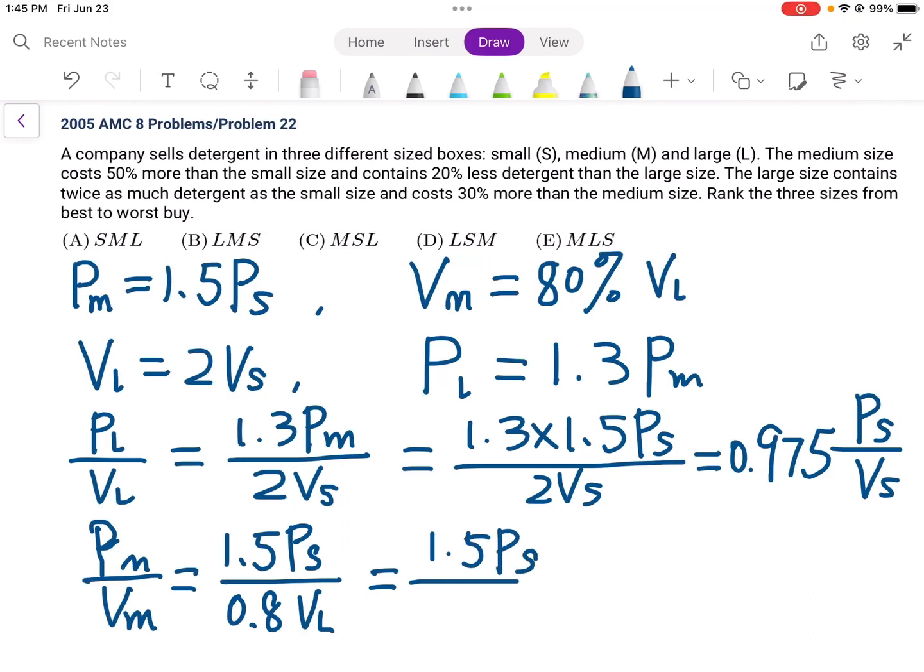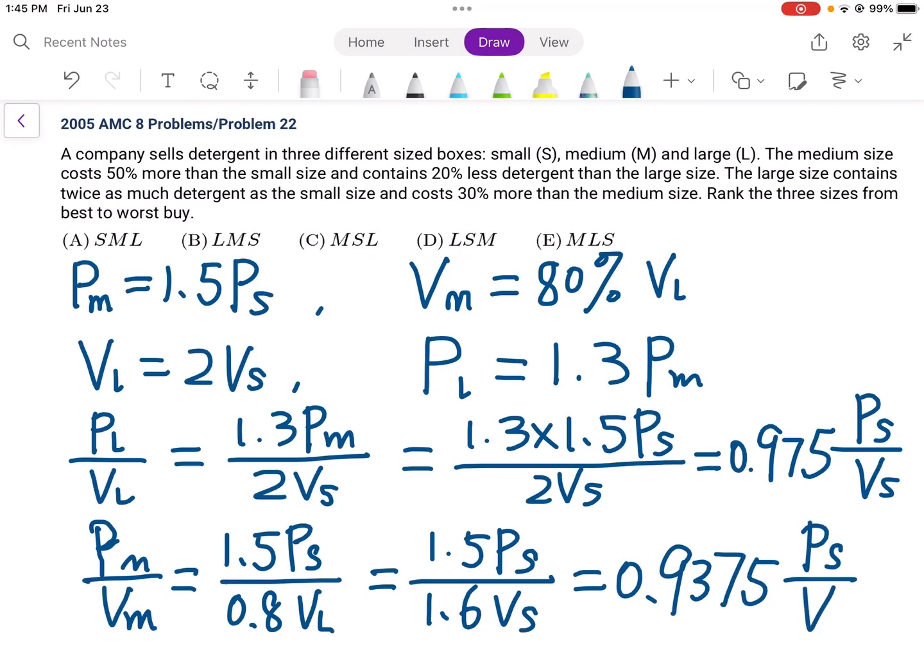We get it equals 1.6 VS. So we simplify this, we get it equals 0.9375 PS over VS.